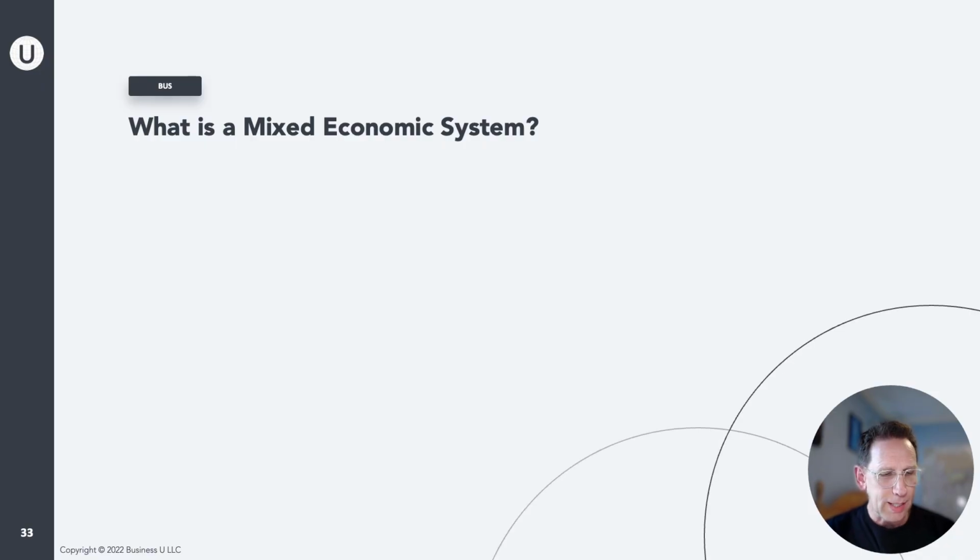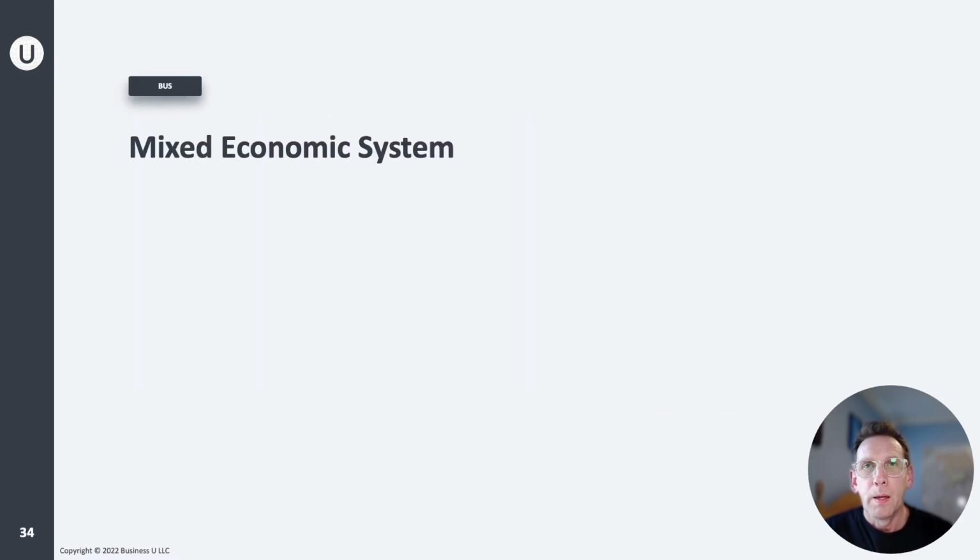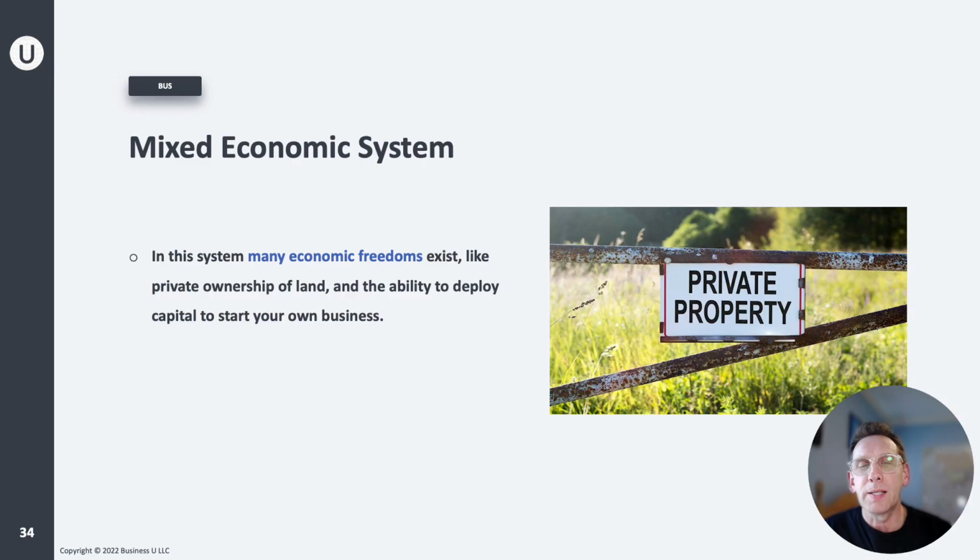All right, now let's get into the last thing, which is a mixed economic system. This is an economic system that is a blend of both capitalism and socialism. For example, Great Britain, Germany, and France. In a mixed economic system, many economic freedoms exist, like private ownership of land and the ability to deploy capital to start your own business.